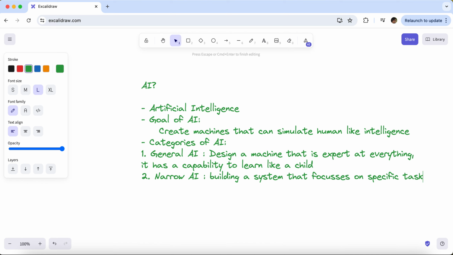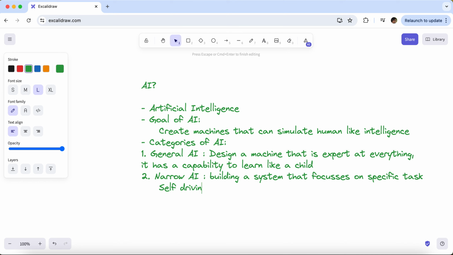It is just one single unit of system, and it does one single thing for you, but it is a master at doing that particular thing. There are lots of examples that we can consider, and you will be able to immediately connect that, yes, it can be an example of narrow AI.